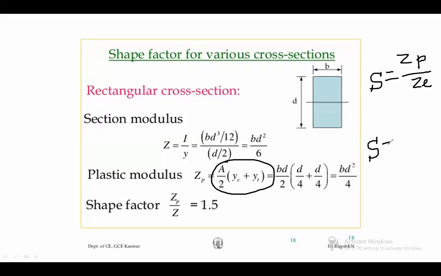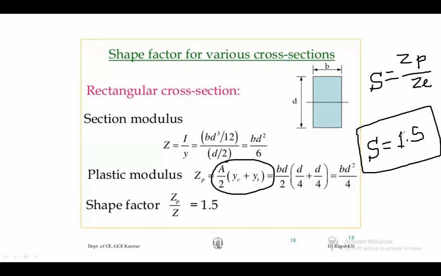Suppose you take the rectangular section. After the calculation, you get the shape factor equal to 1.5. What is the meaning of 1.5?